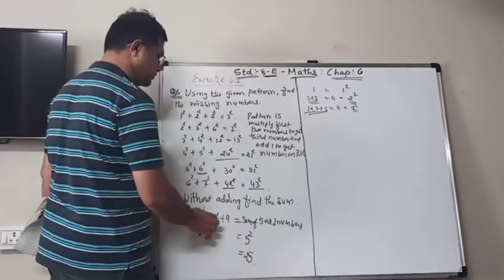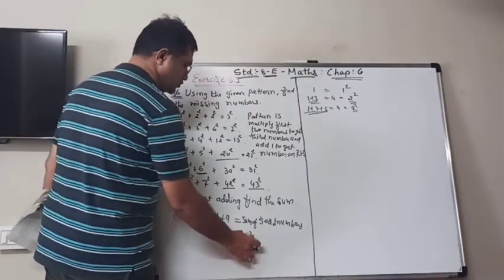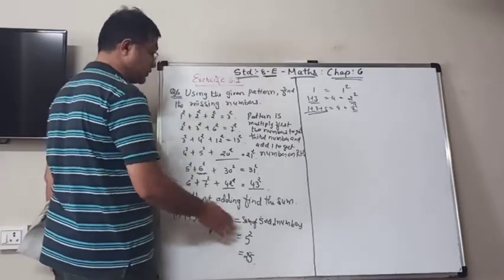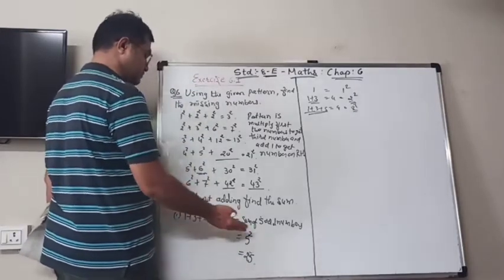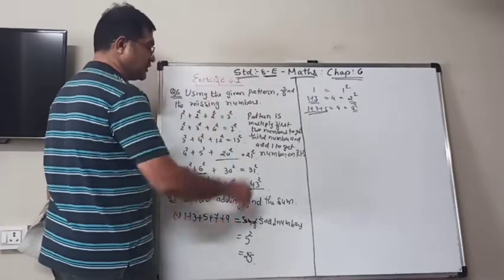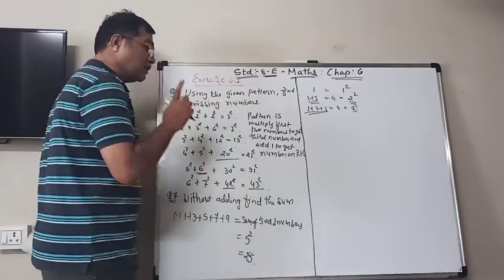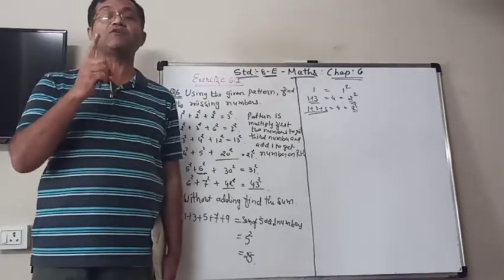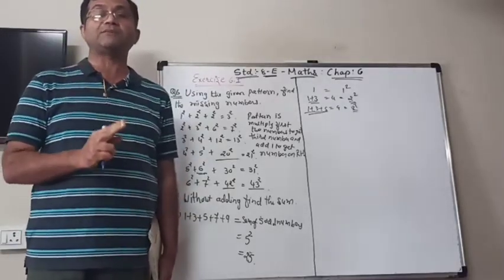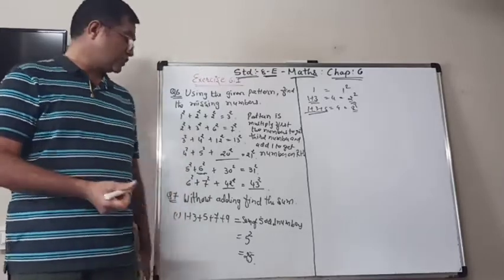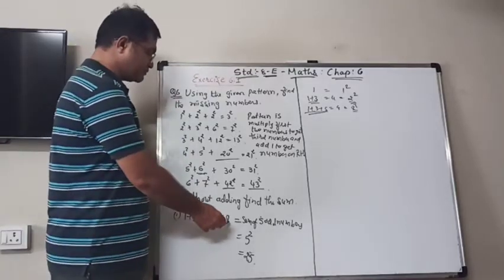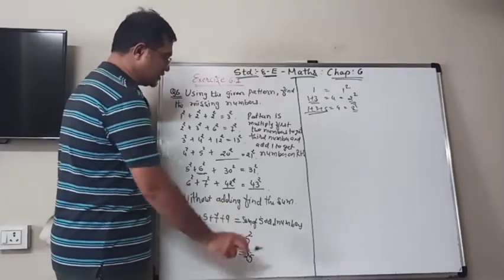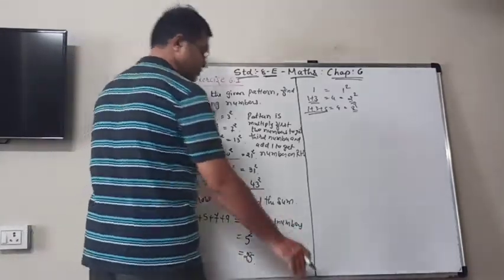So your answer is 25 without adding. We didn't do the actual addition. We just found the relation that the sum of consecutive odd numbers starting from 1, whatever the number of odd numbers, that's the square. So here 5 odd numbers, 1, 3, 5, 7 and 9, so the answer is the square of 5, that is 25.